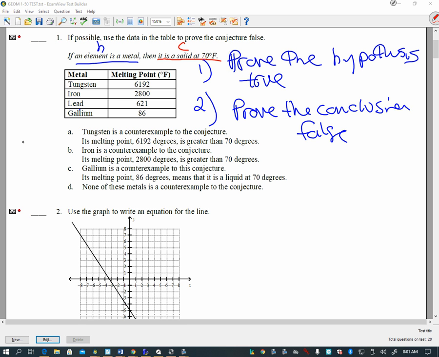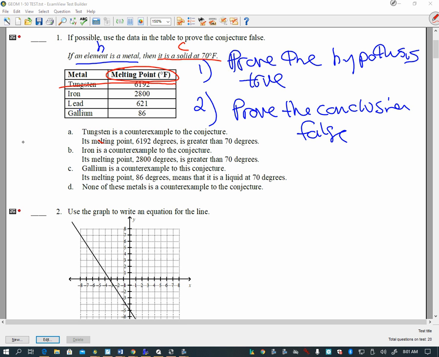Notice that what they list here is a melting point. If something melts, what does it become? A liquid. So is tungsten still solid at 70 degrees Fahrenheit? Yeah. Okay, so is tungsten a counterexample? No. So we can get rid of that. Is iron a solid at 70 degrees Fahrenheit?